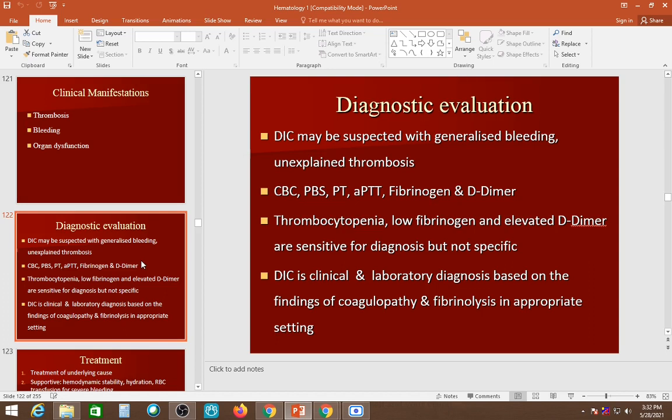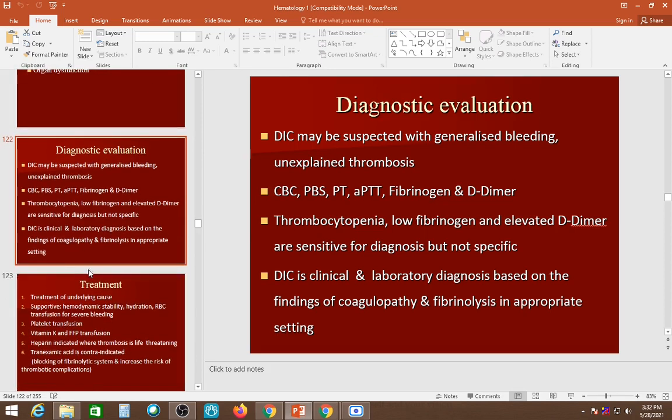You'll have thrombocytopenia, you'll have low fibrinogen, and there'll be elevated D-dimer. Although these are very sensitive for diagnosis, remember that they're not that specific. So DIC is a clinical and a laboratory diagnosis based on the findings of coagulopathy and fibrinolysis in appropriate settings. Okay, so are you clear with this?